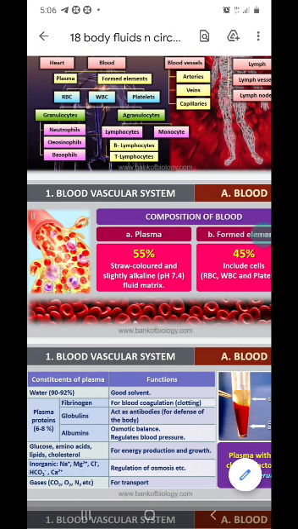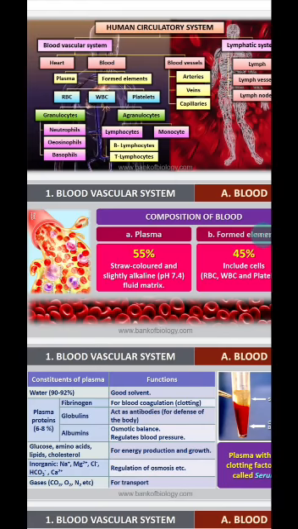Now what are these 3 kinds of proteins? Albumins, globulins and fibrinogen. Albumins give the osmotic balance or regulate the blood pressure.